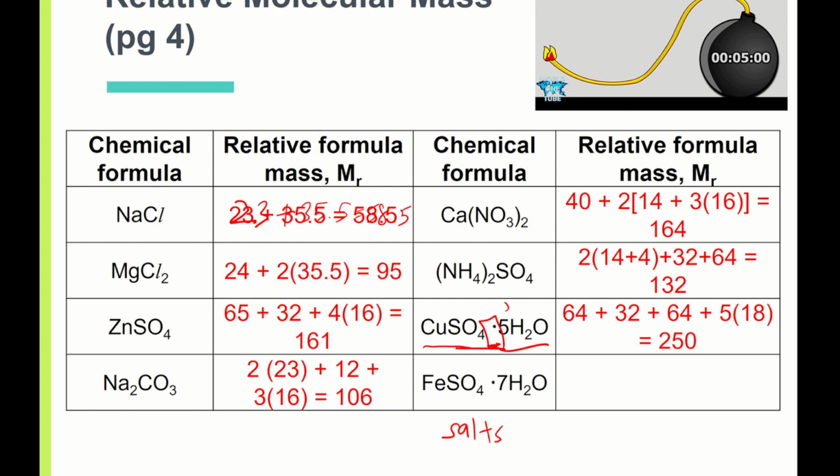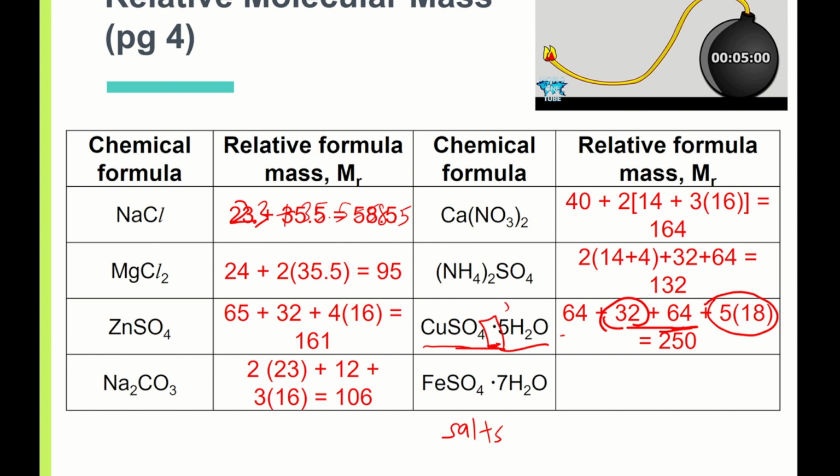So I will calculate 64 for copper, 32 for sulfur, and 64 for the 4 oxygen atoms. Because the water molecules have mass, I must include them inside. Why does this occur?